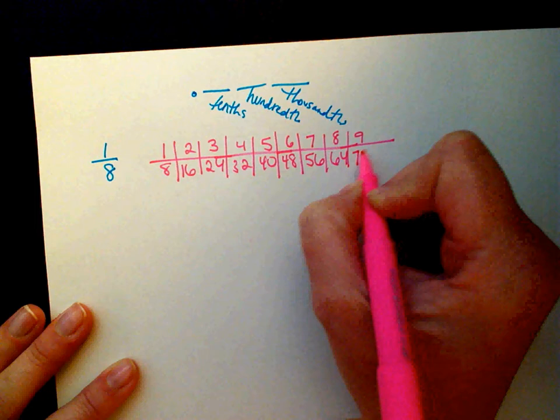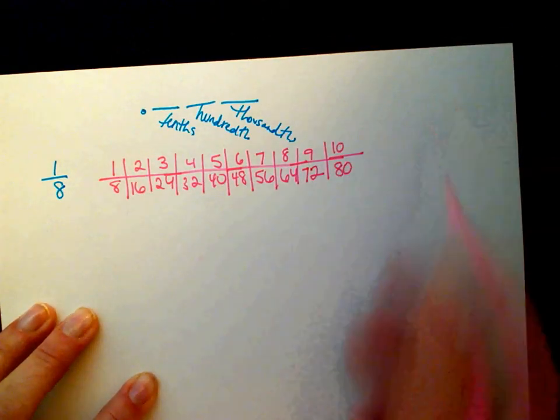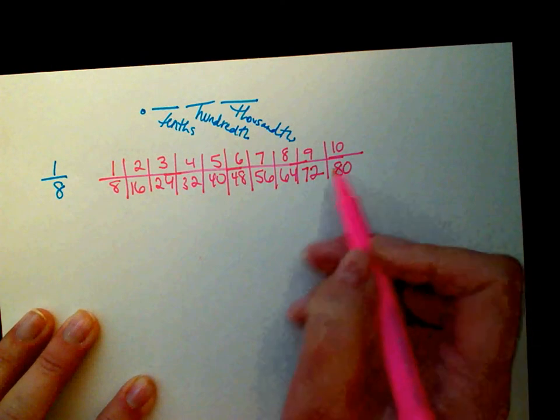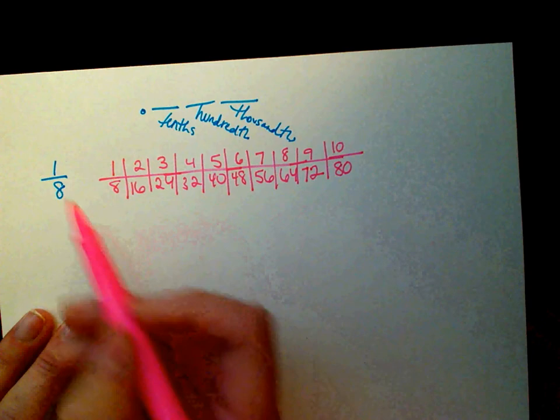And look how much time it's taking me. And I'm still not at hundredths. If I went all the way to 100, I'd find there it doesn't get to an equal 100.